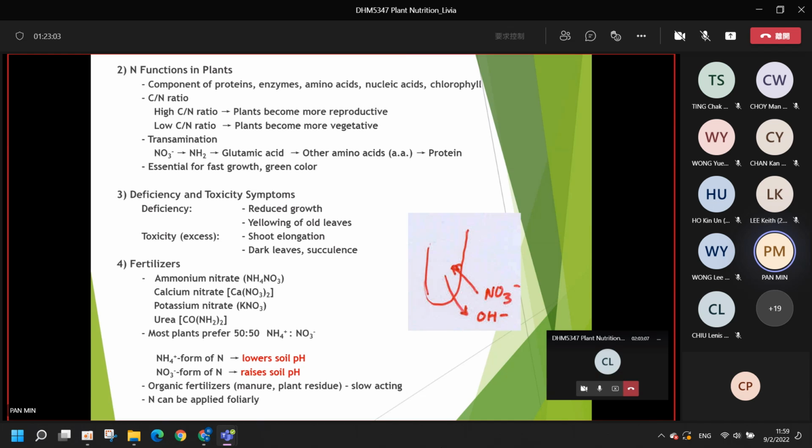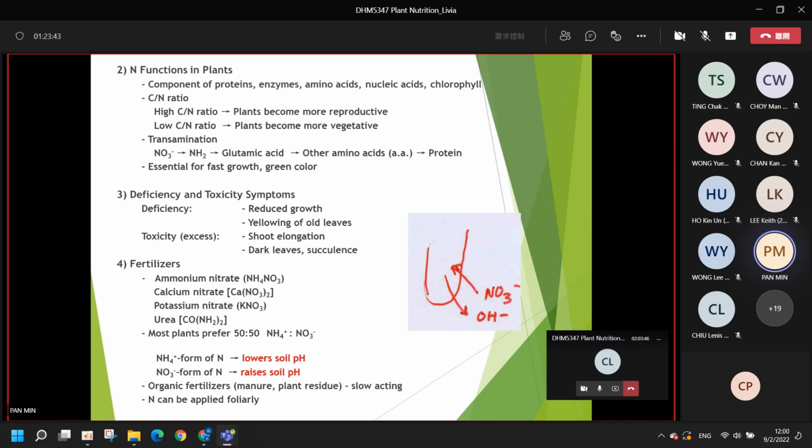And fertilizer was the common nitrogen fertilizer, which has ammonium nitrate, calcium nitrate, potassium nitrate, urea, and most plants prefer half for the ammonium and nitrate, because in the following part for the nitrogen assimilation, I will tell you the conversions between the ammonium and nitrate, and which part is more usable and more useful for the nitrogen assimilation and transportation.